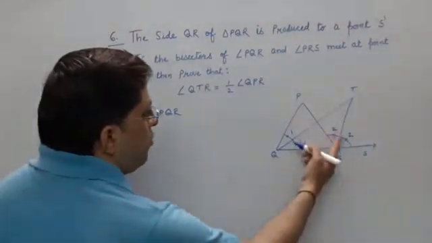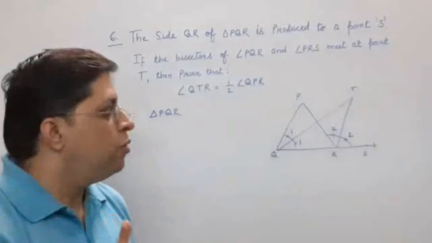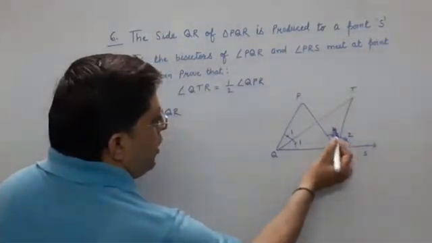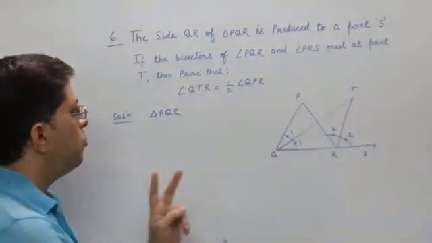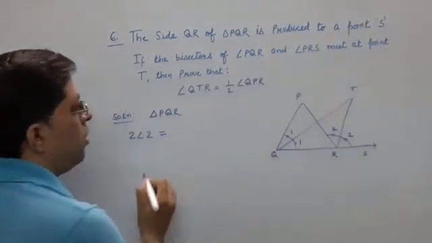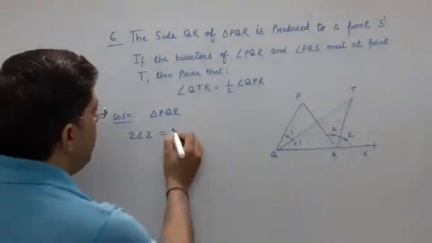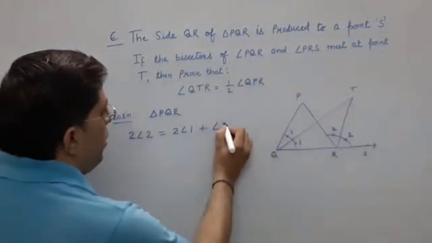The exterior angle is equal to the sum of the two interior opposite angles. So the exterior angle is 2 times angle 2, which is equal to 2 angle 1 plus angle P.